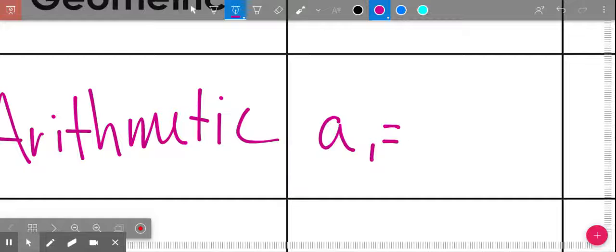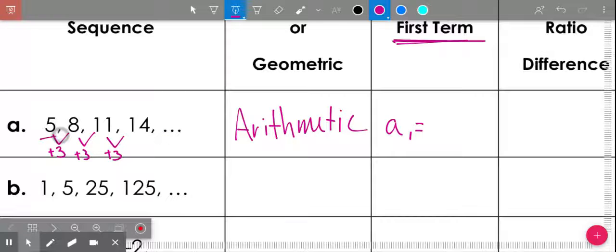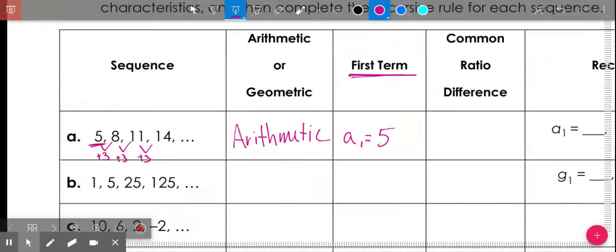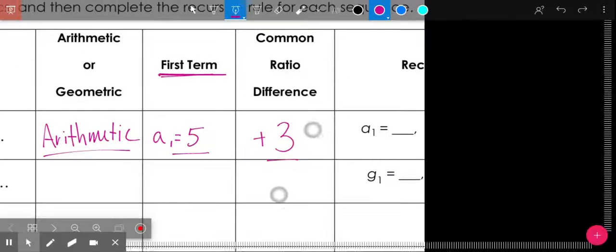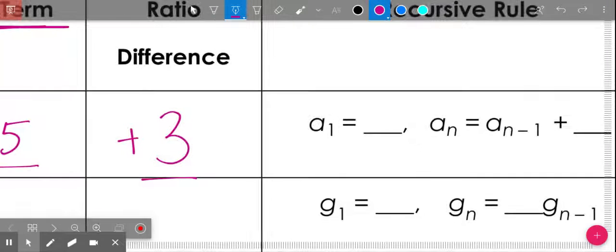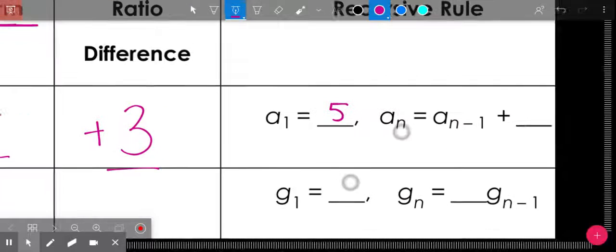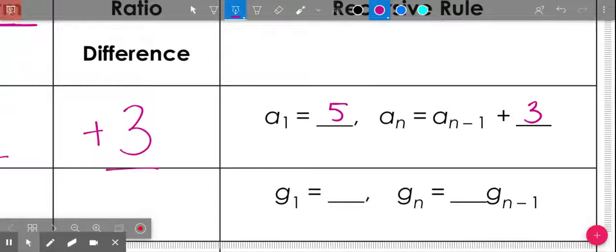A sub 1 equals, well, the very first term we have here is 5. And our common difference was plus 3. So we know it's arithmetic, the first term is 5, and our difference is adding 3. So now we just have to plug in our pieces. We said a sub 1 was 5, and then we're adding 3. And that's it.